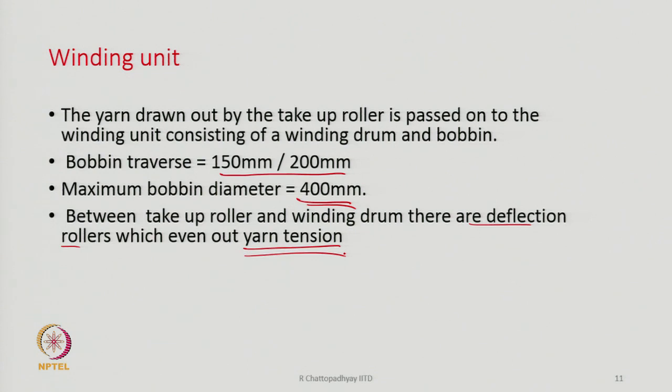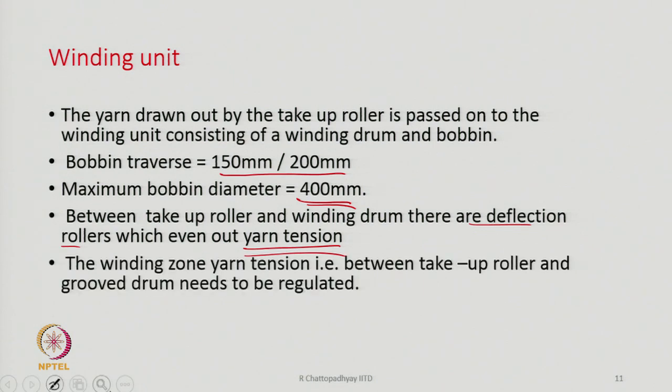So, there is a deflecting yarn path created to even out the tension variation in the yarn when it is wound on the winding drum. The yarn tension in the winding zone can also be regulated.